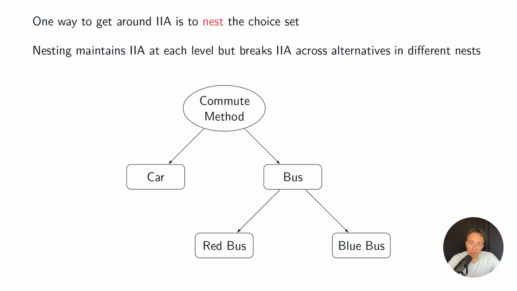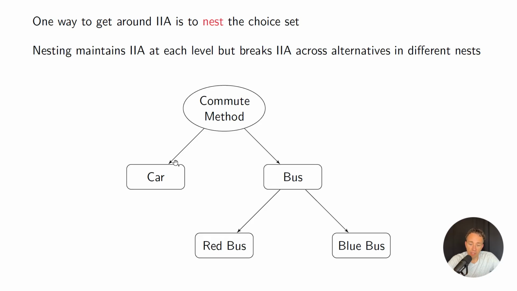So what this looks like with the simple commute mode model that we just talked about is that within the bus nest, the blue bus and the red bus are directly competing in an IIA consistent manner. And we also have that car and bus are directly competing in an IIA consistent manner.